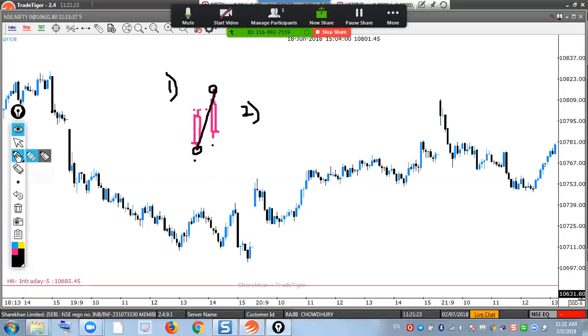The category 2 is whenever you see the next candle breaks the previous candle's low here, then you're supposed to do the opposite. Take the previous candle's high and add it up with the current candle's low, this way.